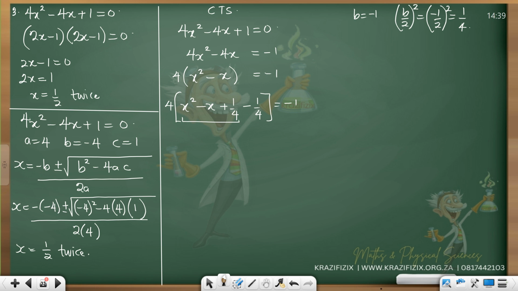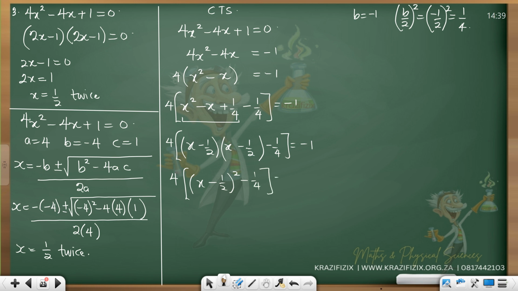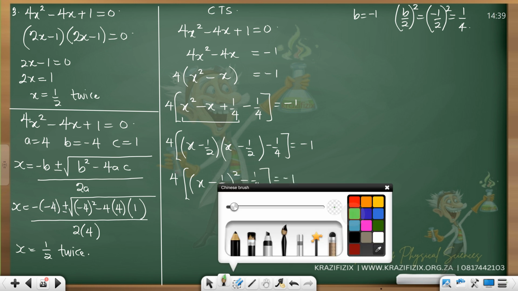Perfect square trinomial. Remember, it's on the addition. So 4, what did we put in bracket there? It was negative half. So 4 times x minus 1 over 2 squared. What do we do now?